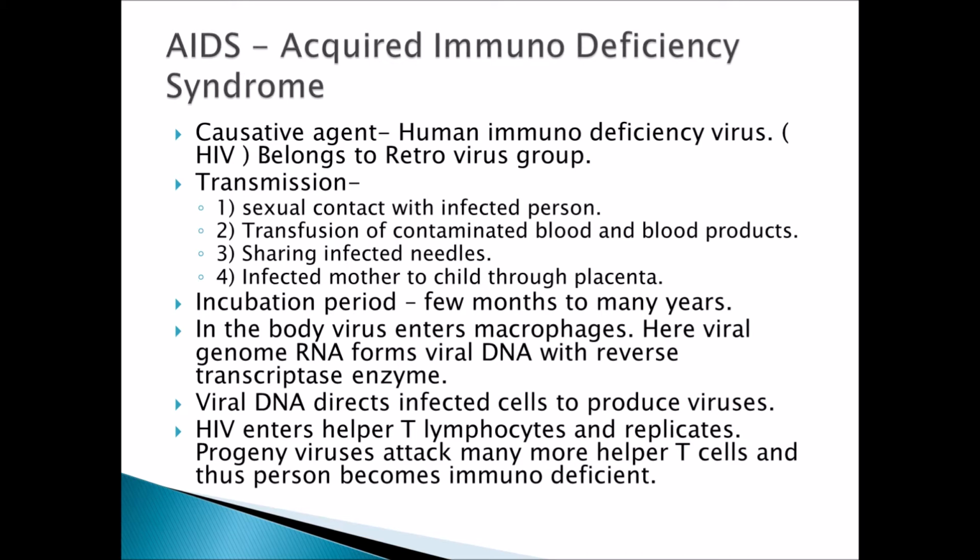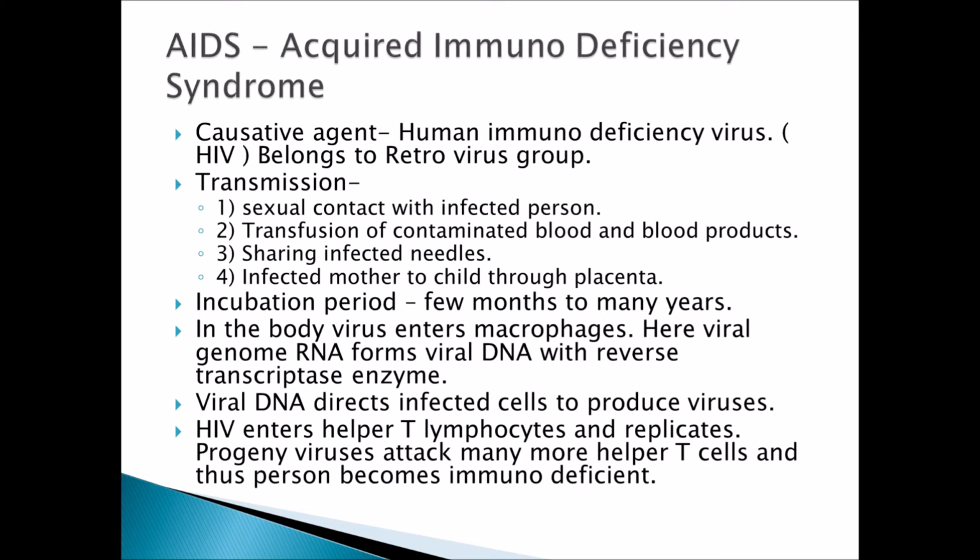In the body, this virus first enters the macrophages. In macrophages, viral genome RNA forms viral DNA with reverse transcriptase enzyme. So as the retrovirus has RNA as the genome, first this RNA is converted to DNA, and for that the enzyme required is called as reverse transcriptase enzyme.